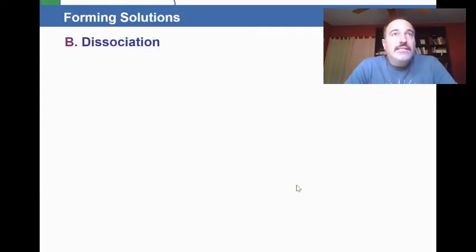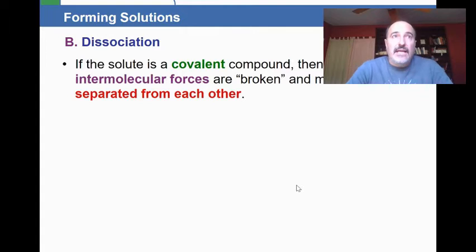Now, the process of dissolving is often known as dissociation. If the solute is a covalent compound, think sugar, all right, then usually the intermolecular forces are broken and the molecules become separated from each other.